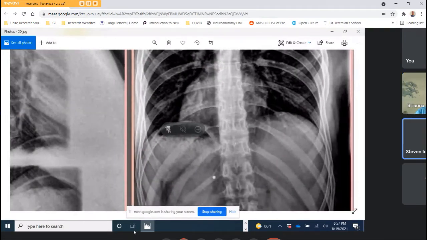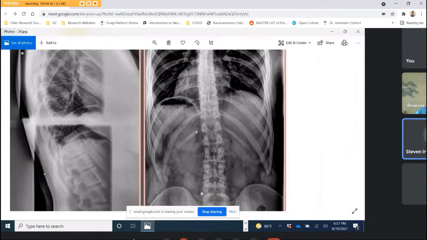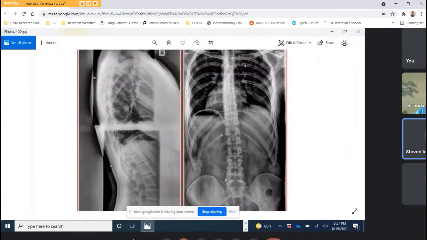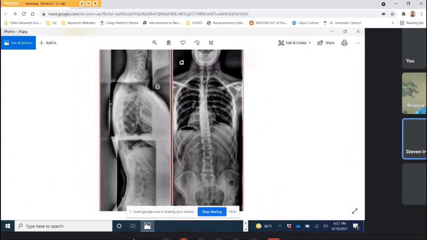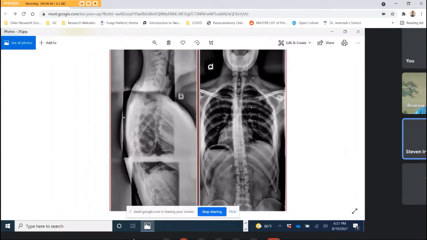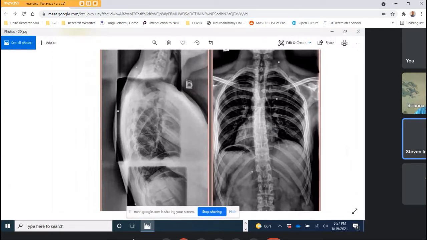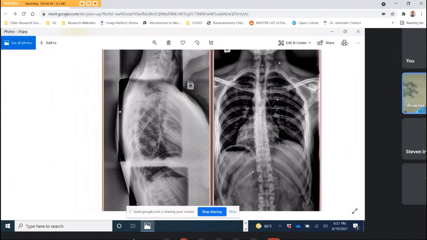Is that just the stitching from the X-ray, or does he have more ribs than it seems like he should on the A to P? Well, let's count them. Let me get my arrow over here.